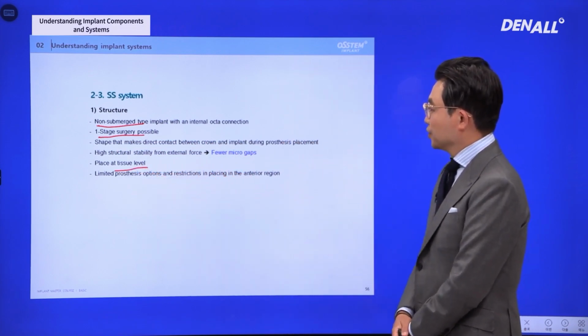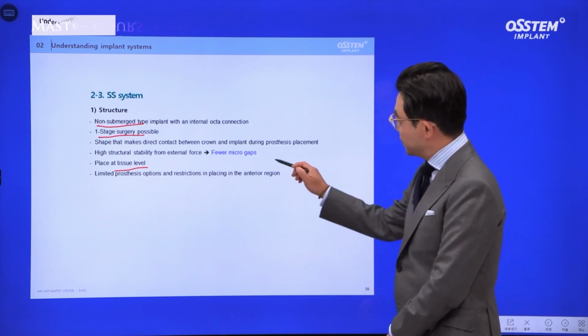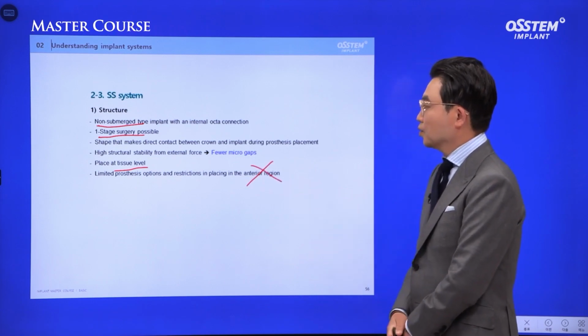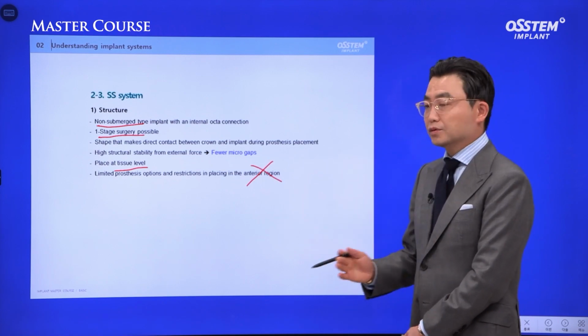It has limited usage. So SS you cannot use in the anterior region, and also if the osseous space is not sufficient, then it also cannot be used.